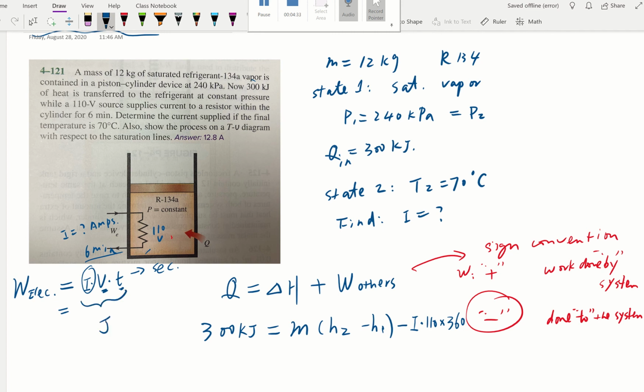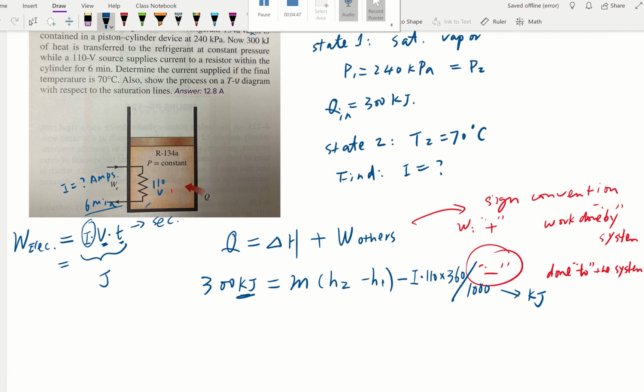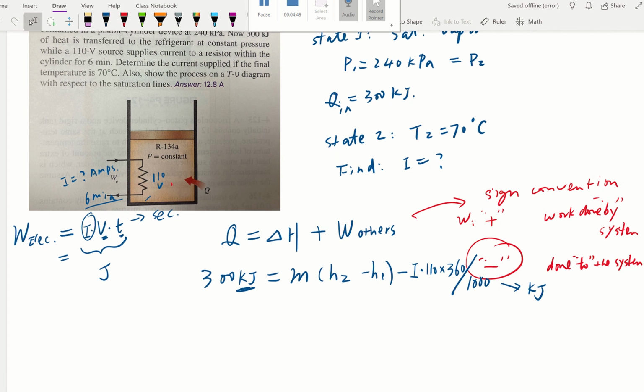Then that's going to give us the unit of joules. Be careful with the unit. Here, what do we have? We have kilojoules, and this gives us joules. So we have to divide by 1000, which gives us the unit of kilojoules to make sure we have the same dimension. So far, we're just brainstorming using this governing equation for the first law for constant pressure.